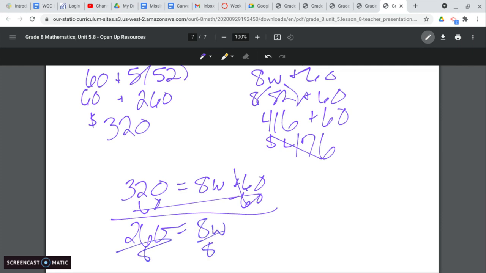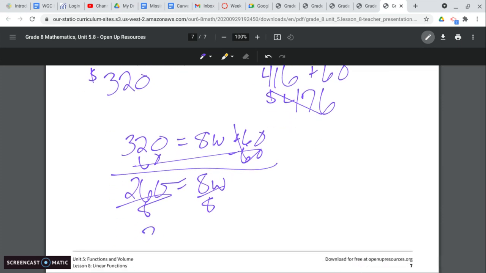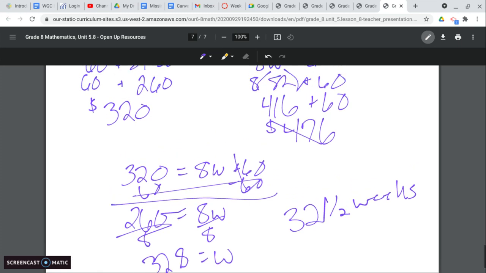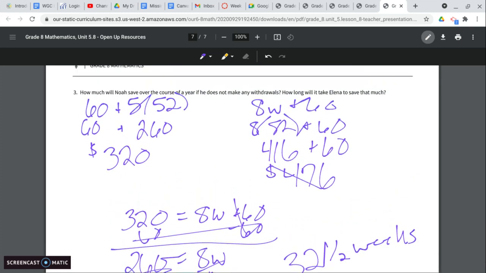Divide by 8. So we divide 260 by 8, and we're going to get 32.5. So 32 and a half weeks is how long it will take Elena to save the same amount as Noah did in a whole entire year. So it won't take her a full year to save as much as Noah will.